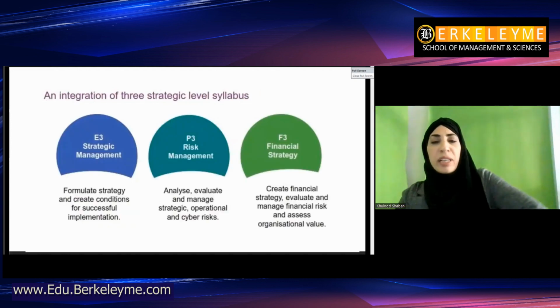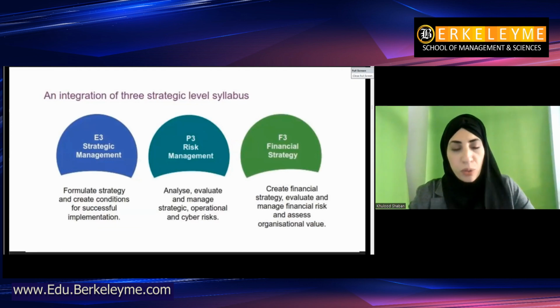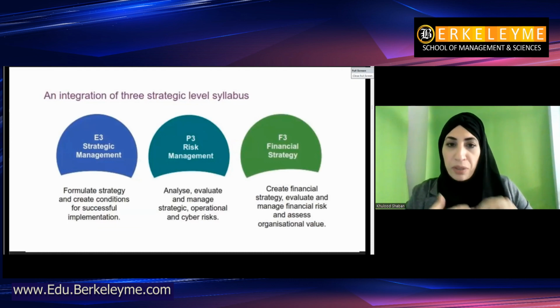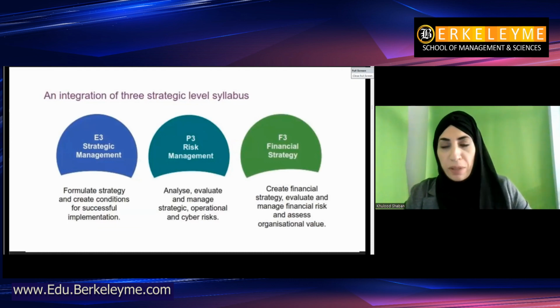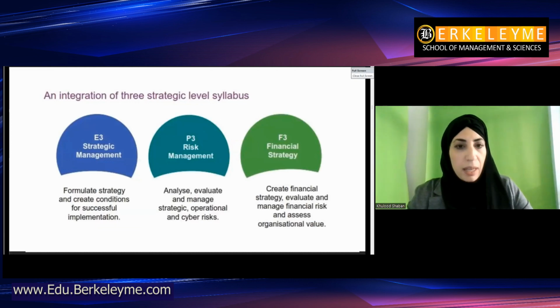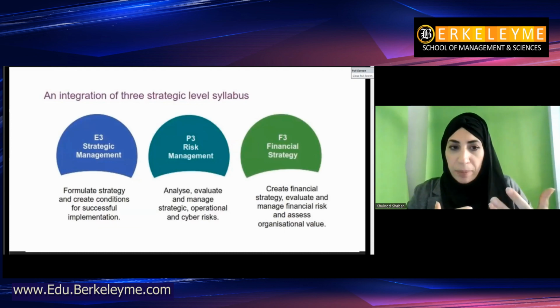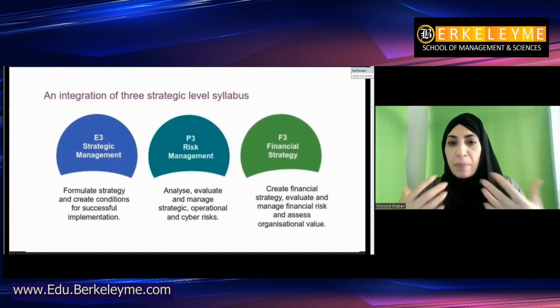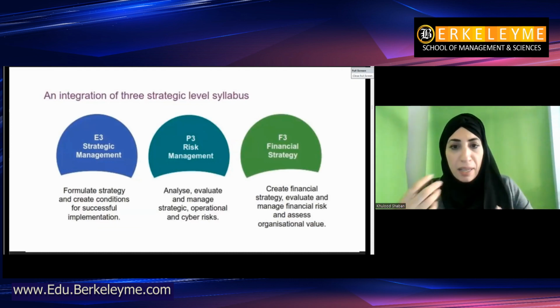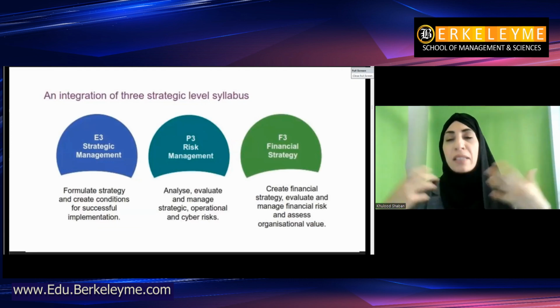Of course, the strategic level syllabus usually includes E3, which is strategic management, P3 risk management, and F3 financial strategy. Strategic management is about how to formulate the strategy, and risk management, obviously, you will analyze and manage the strategic and operational risks, and cyber risk.